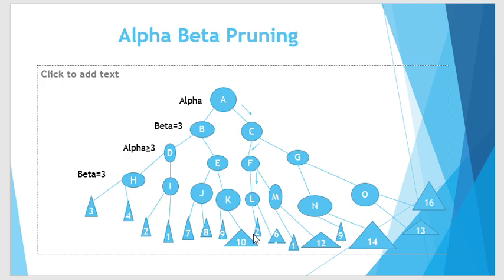If beta value is 2, then the min node value will be 2 or less than 2, because it will not even consider greater than 2. So either its value is 2 or less than 2. If we move here also, then obviously beta value will be fixed to 1.